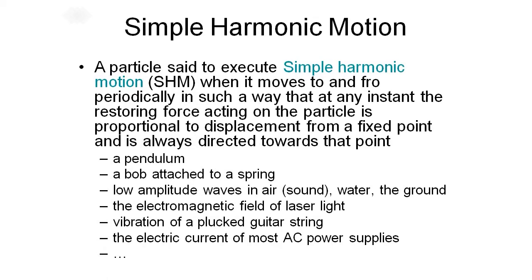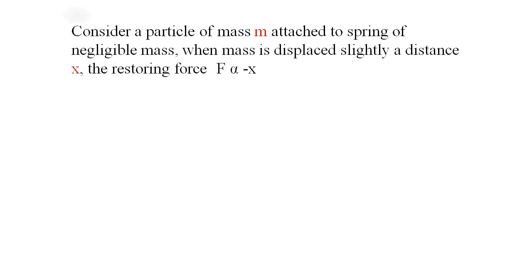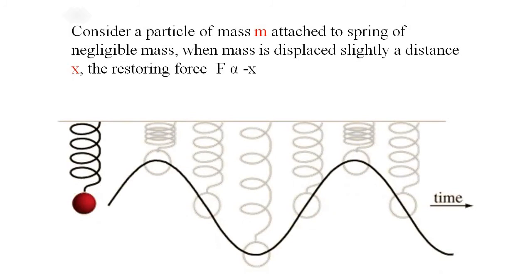Now, in order to derive the expression for simple harmonic motion, consider a particle of mass m attached to a spring of negligible mass. When that mass is displaced slightly by a distance x, the restoring force is proportional to minus x.